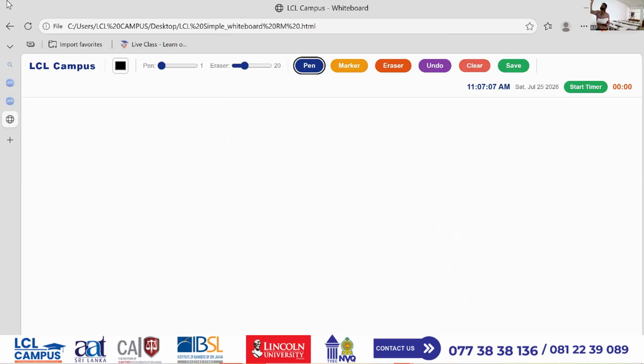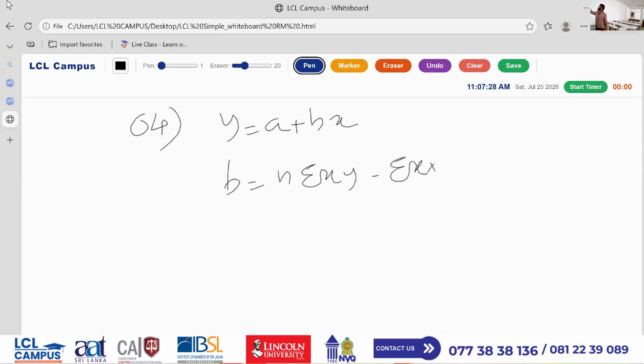Fourth, the least square method regression line, Y equals A plus BX. We know the formula for B equals N sigma XY minus sigma X into sigma Y over N sigma X squared minus sigma X whole square.